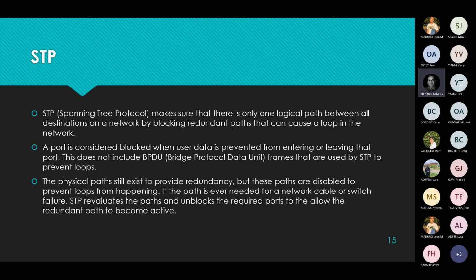Yeah? So what happens is that, let's say we have redundant links here. As soon as one of these links goes down, BPDUs will inform that this link goes down, so this blocked port, or port in blocking mode, now comes back to forwarding mode. And it not only starts transmitting BPDUs, but also user data.